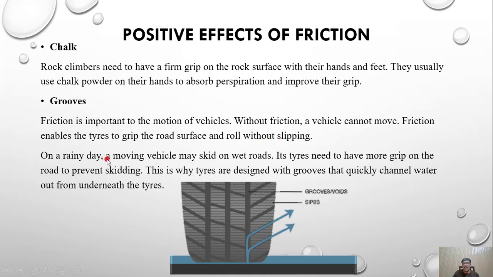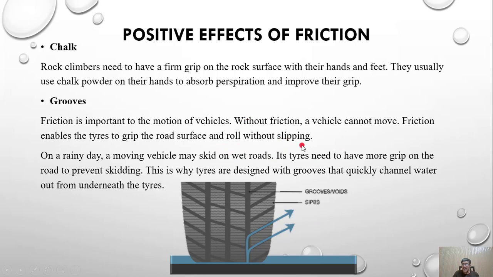On a rainy day, a vehicle may skid on wet roads if tires do not have good grooves. So what are grooves? Tires need to have more grip on the road to prevent skidding. So why tires? Because the only part of the vehicle which is in contact with the road is the tire.